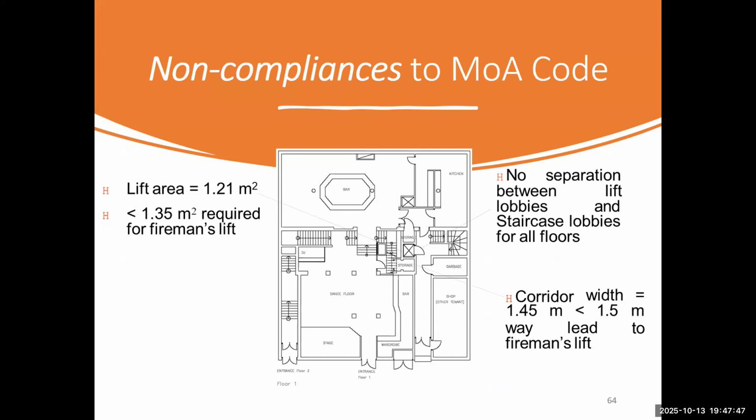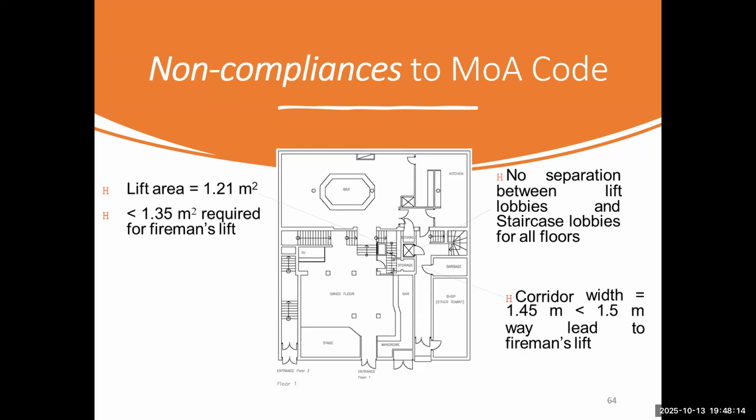Okay, so further analysis reveals specific non-compliance with the means of access code. What does it mean? Firstly, the lift area is too small for a fireman. The lift area is only 2.21 square meter.